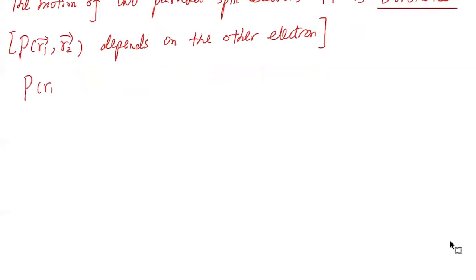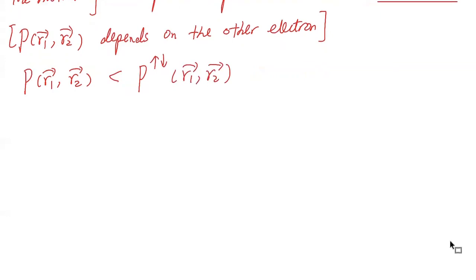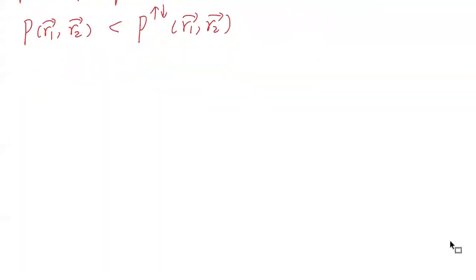So this probability is smaller than when you have one up, one down. This is truly uncorrelated. When you have one up and one down, the motion of these two electrons is truly uncorrelated, independent. But now we have a smaller probability.